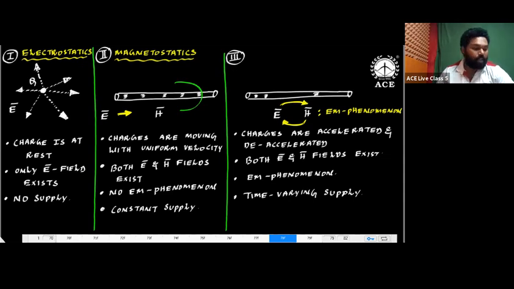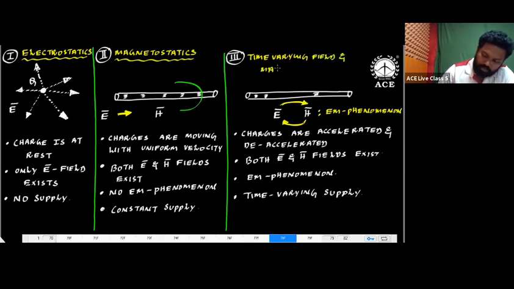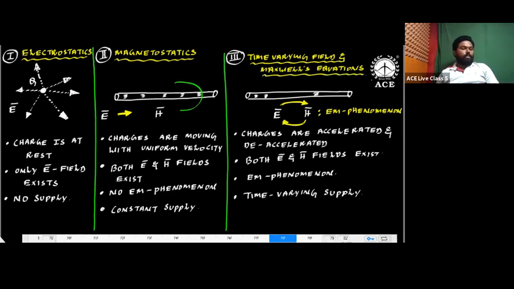And the last one is the time varying fields and Maxwell's equations. So this is a story. This is a storyline of the things that we're going to see.